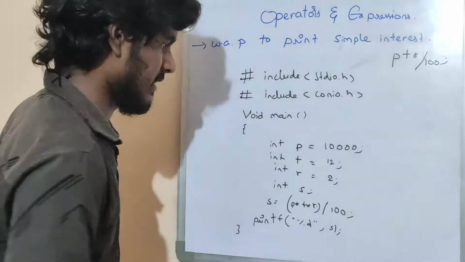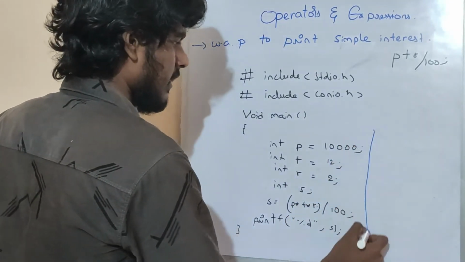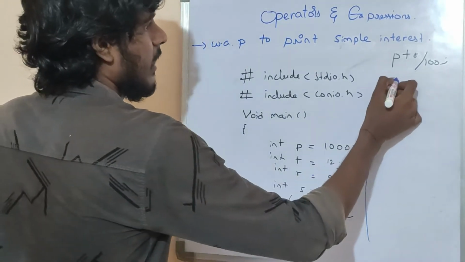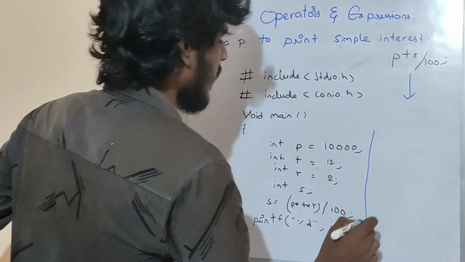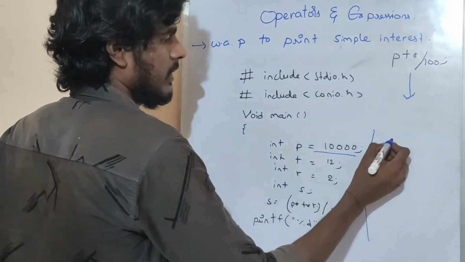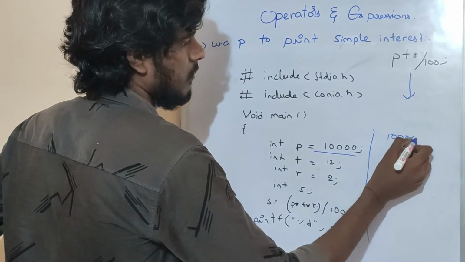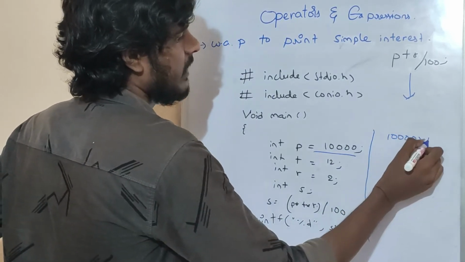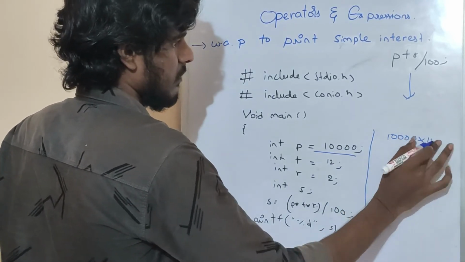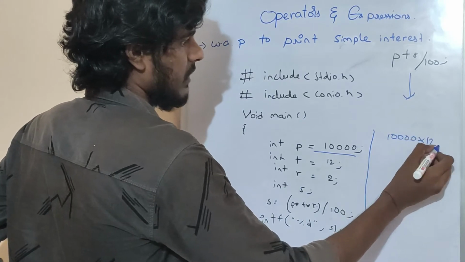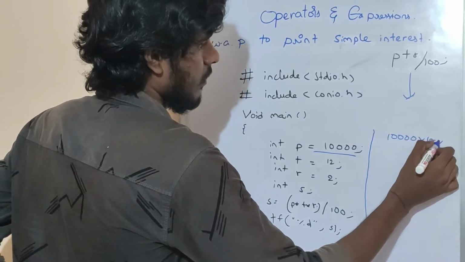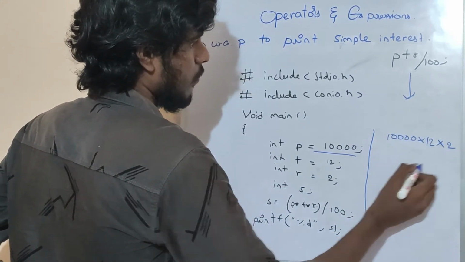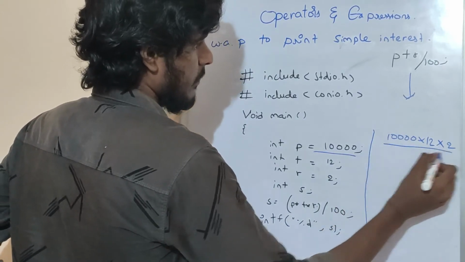Okay, let's see. According to this formula, what is the principal amount? 10,000. Okay, what is the time period? 12 months. Okay, what is the rate of interest? 2 rupees by 100.